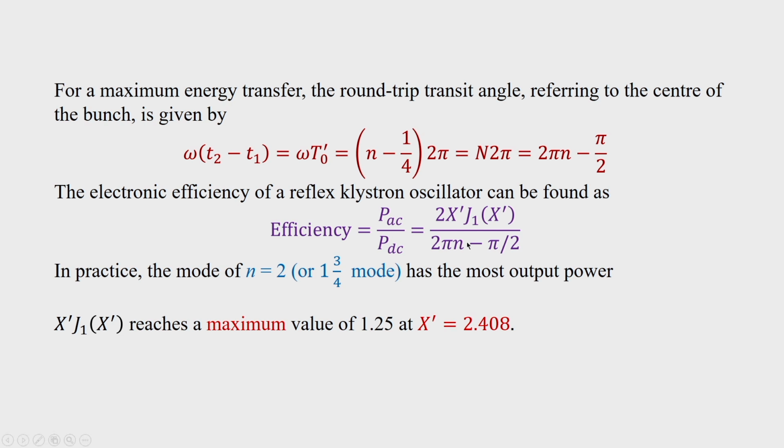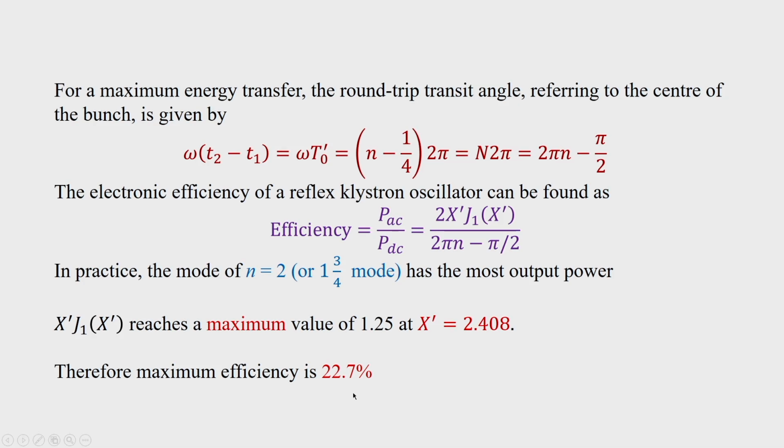We also find that this quantity X' J1(X') reaches its maximum value of 1.25 at X' equal to 2.408, and once we substitute n equal to 2 here, X' J1(X') equal to 1.25, then we get the maximum efficiency to be 22.7%.